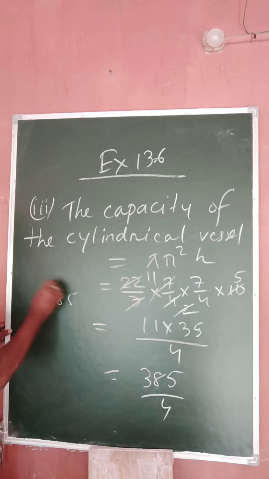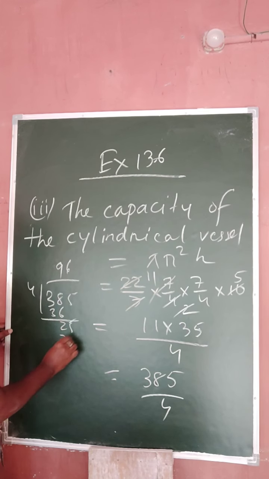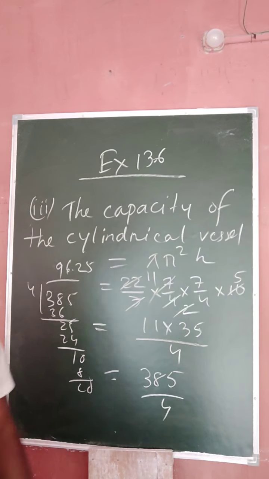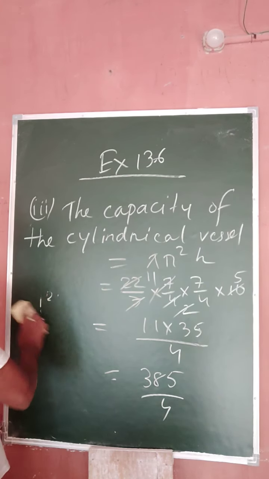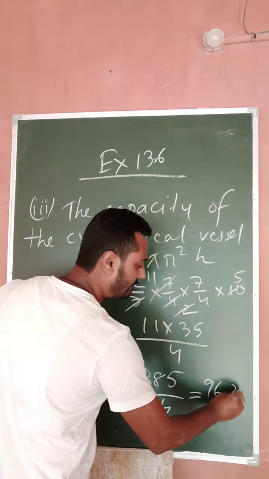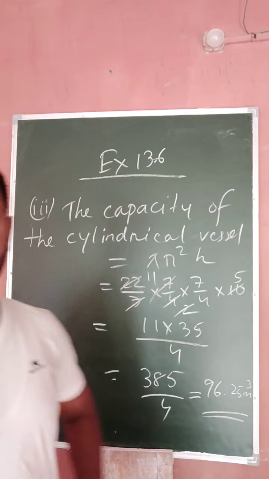Dividing 385 by 4, we get 96.25 meter cube. So the unit of volume is actually meter cube.